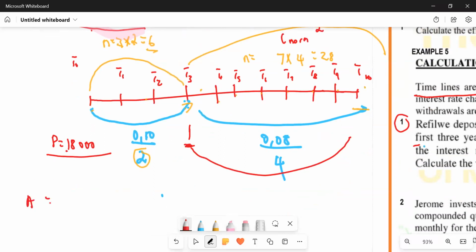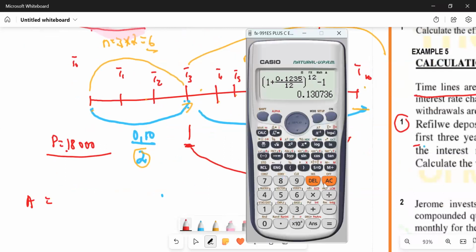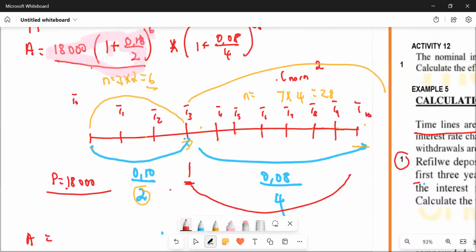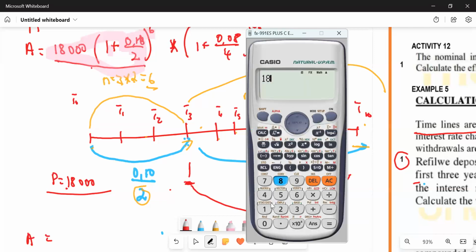So what are we going to have? A is going to be equal to, and then we type it exactly the way it is in our calculator. We have 18,000. Open bracket, 1 plus 0.10 divided by 2, to the power of 6. What did I do here? I pressed 2 times. To the power of 6.